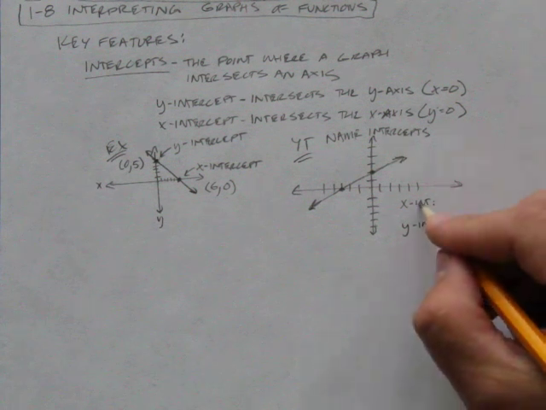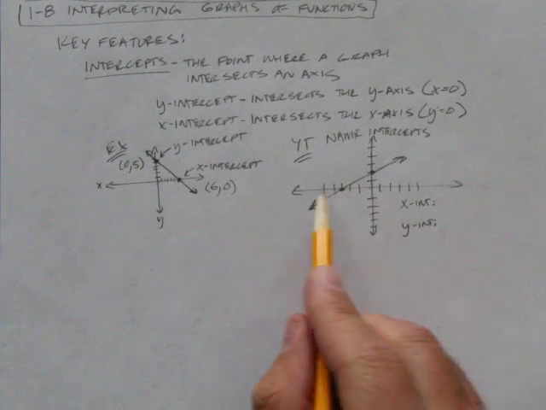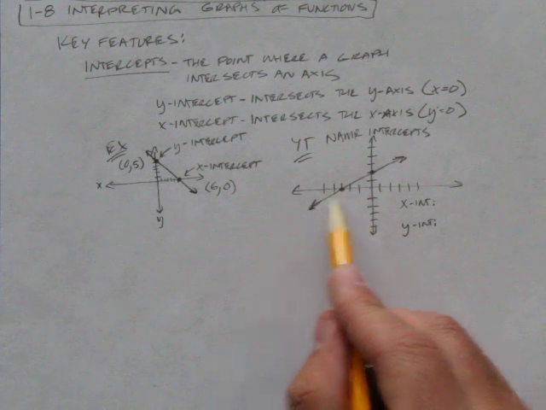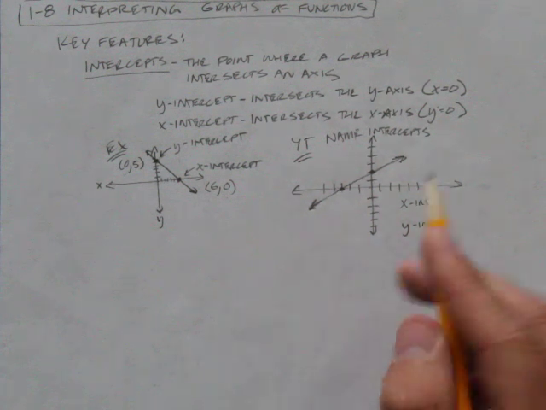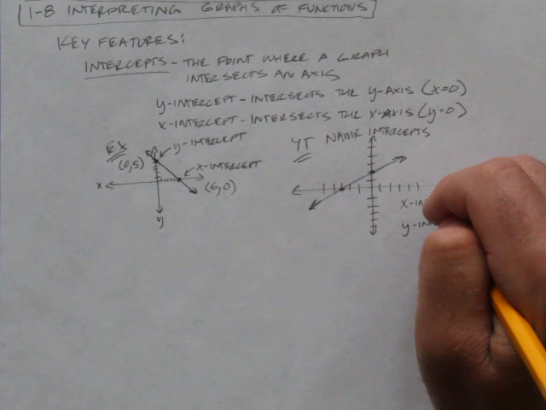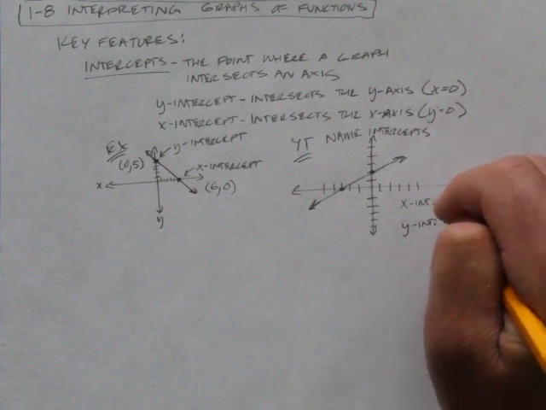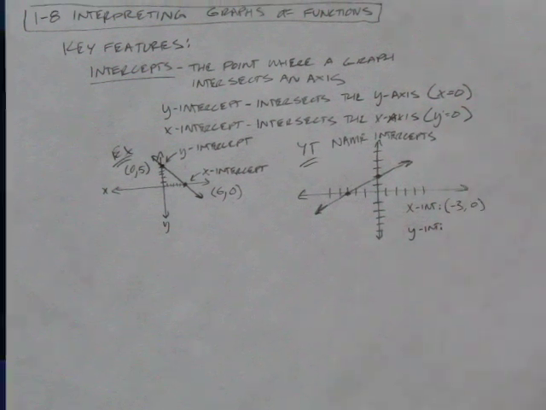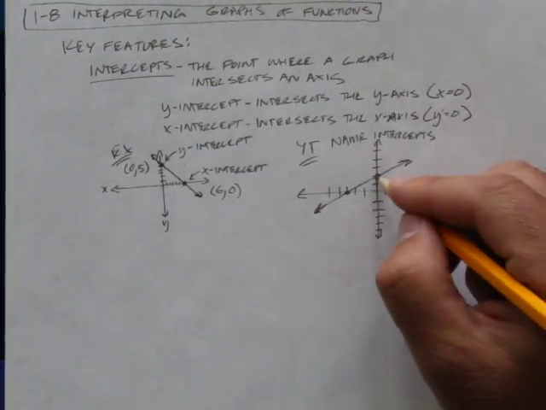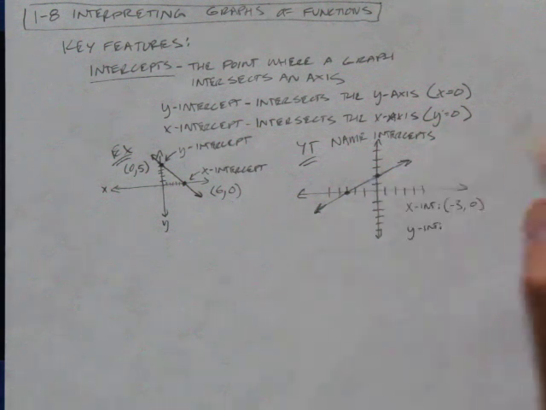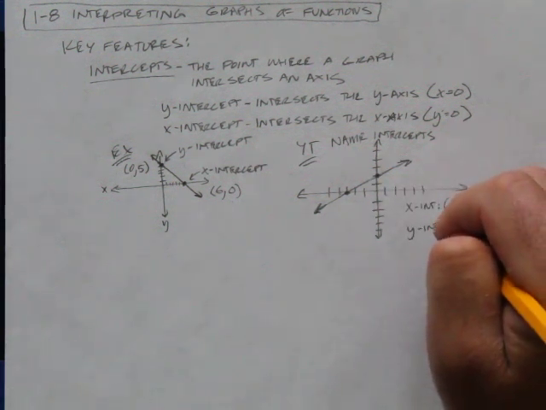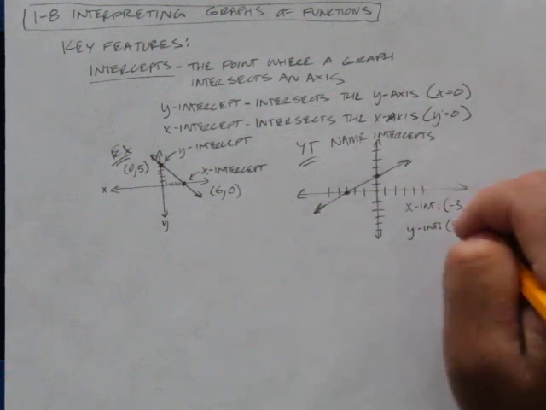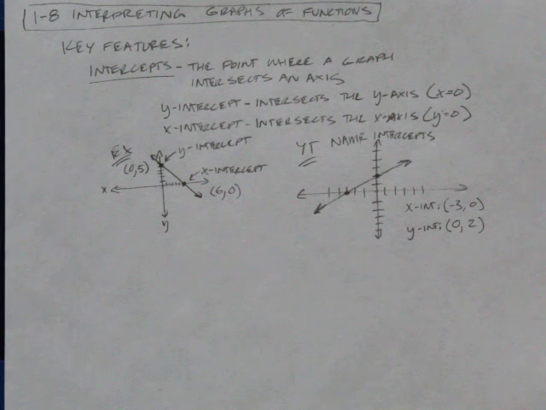Okay, my x-intercept is the place where the line crosses the x-axis. So my x-intercept is a point, and that point is (-3, 0). My y-intercept is right here where y equals 2. So that's going to be (0, 2), because I didn't go left or right, I only went up. (0, 2) is my y-intercept.